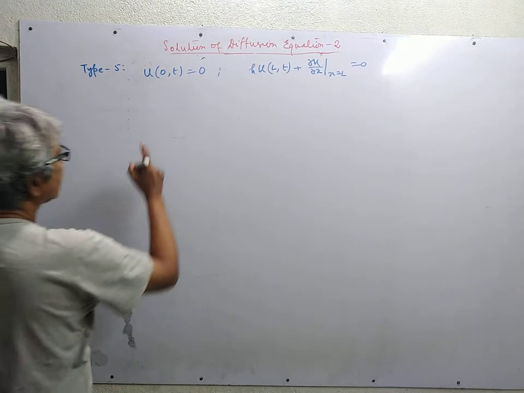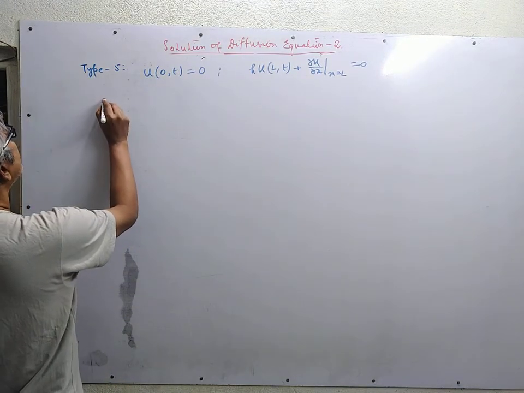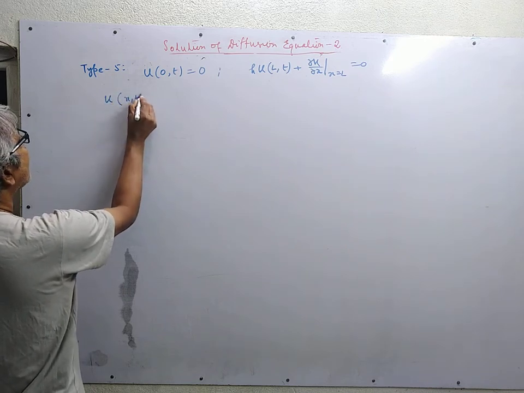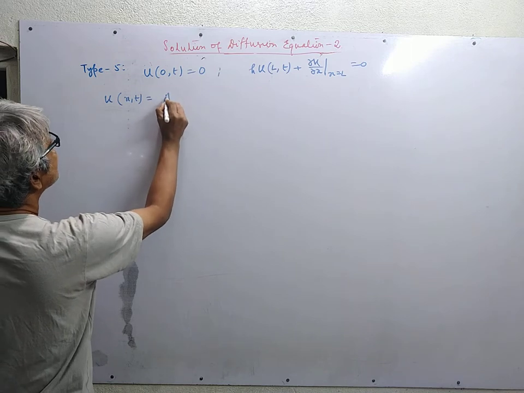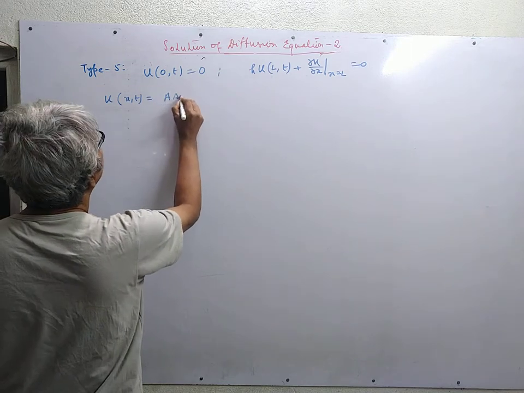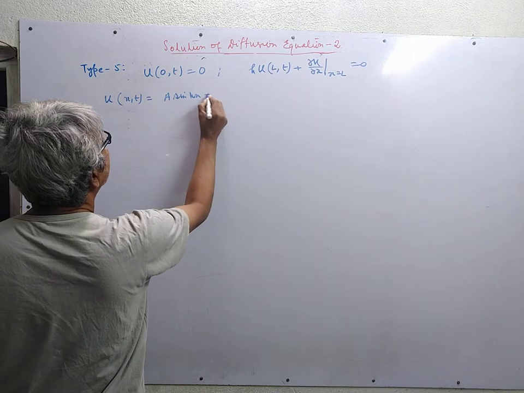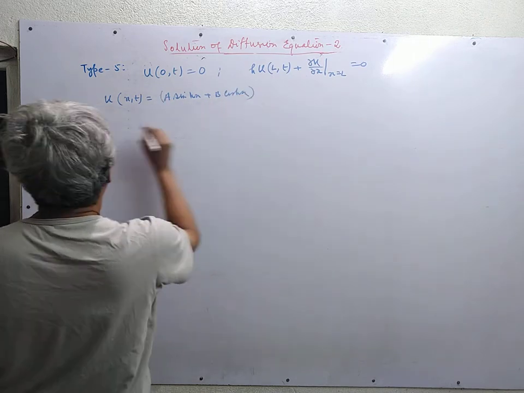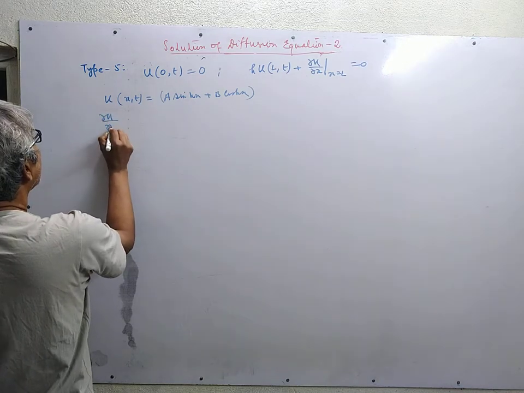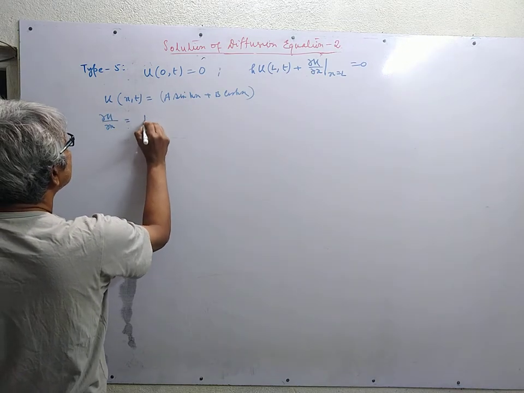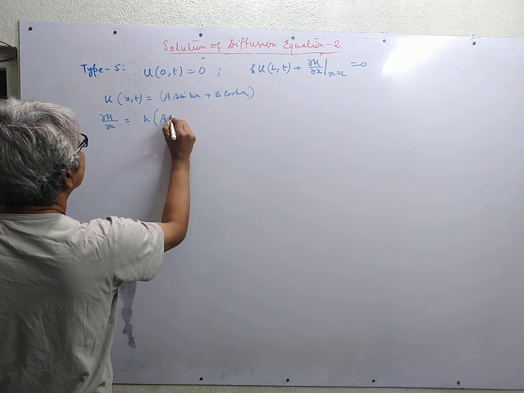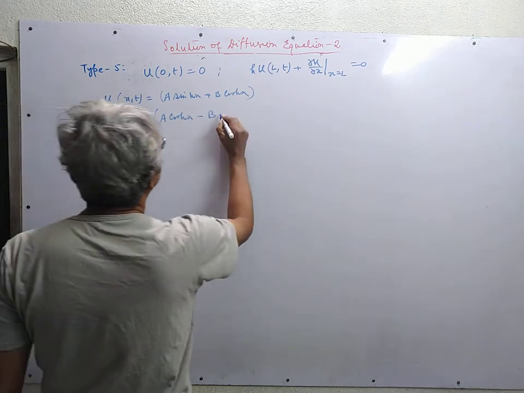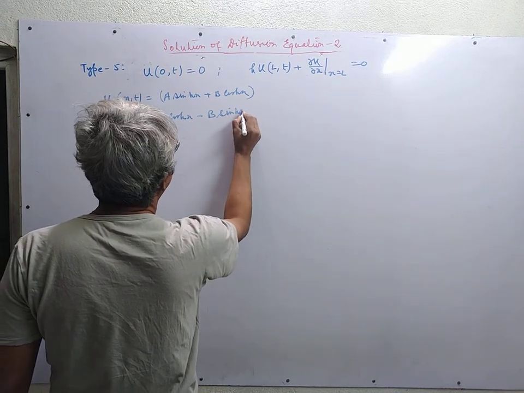Now we know that the solution is u of x,t equal to a sin kx plus b cos kx, and del u by del x is equal to k (a cos kx minus b sin kx).